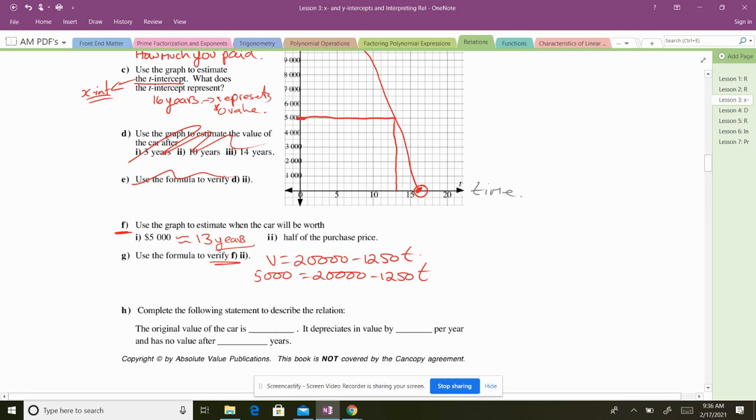Now, how do I solve for time? This is the algebra part of this. Anybody have any idea? Solving for t, time. What is the value of t? We're solving for t. We're using the formula to solve for that. Tell me what to do.